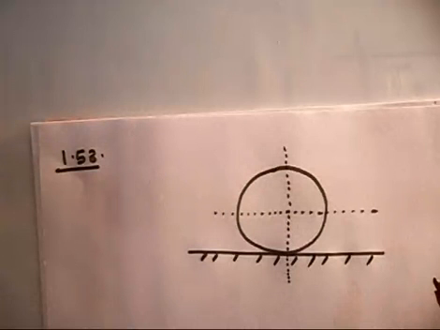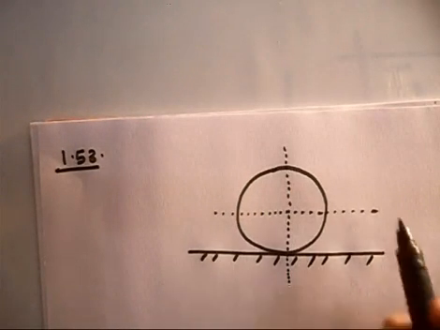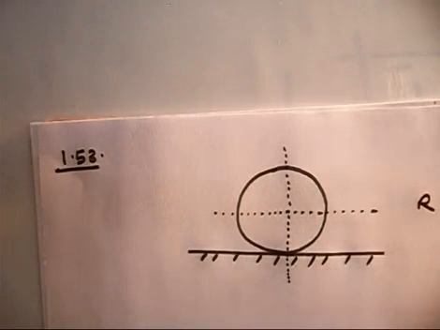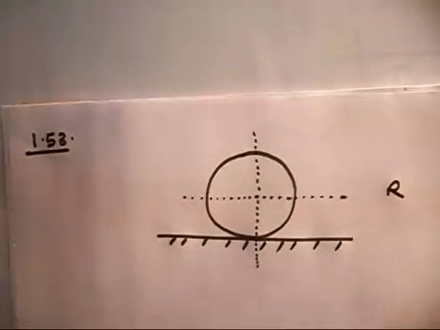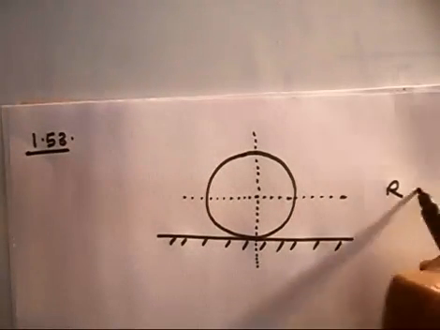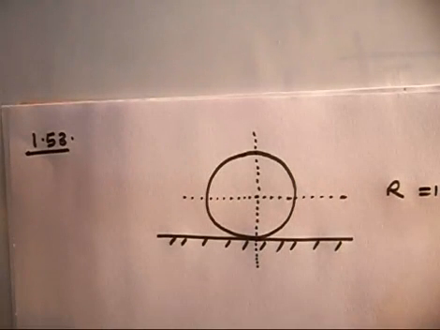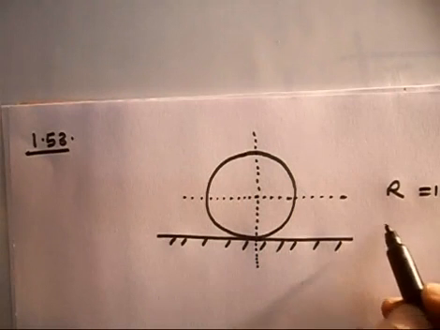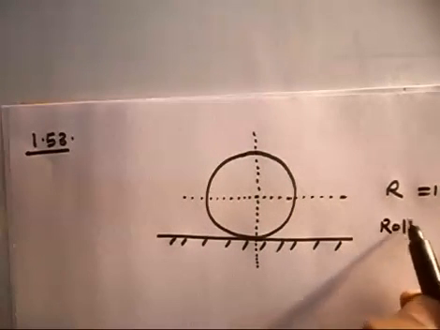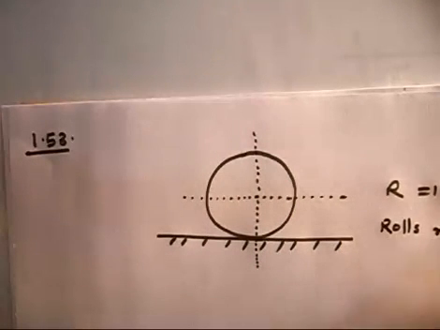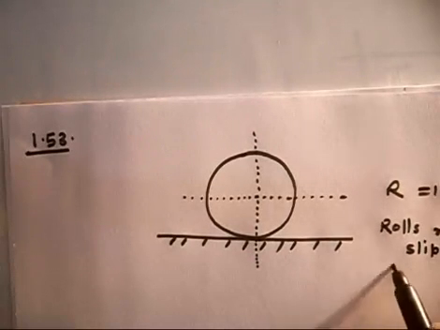Now what is said? A ball of radius r. So radius is given, basically 10 centimeter. The ball rolls without slipping, that is v is equal to r omega is satisfied.